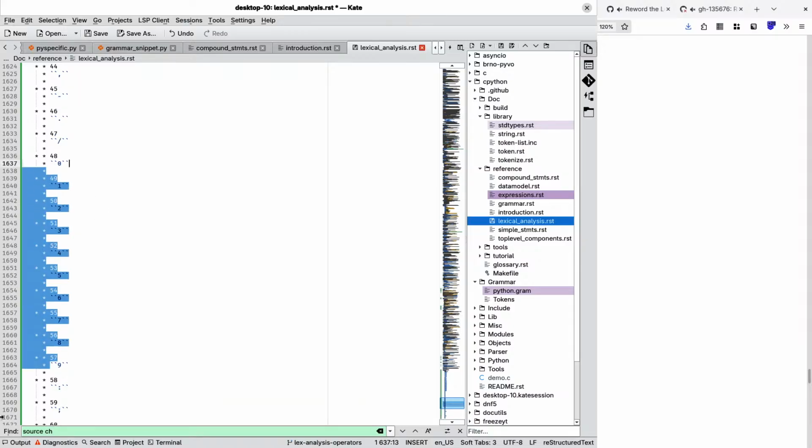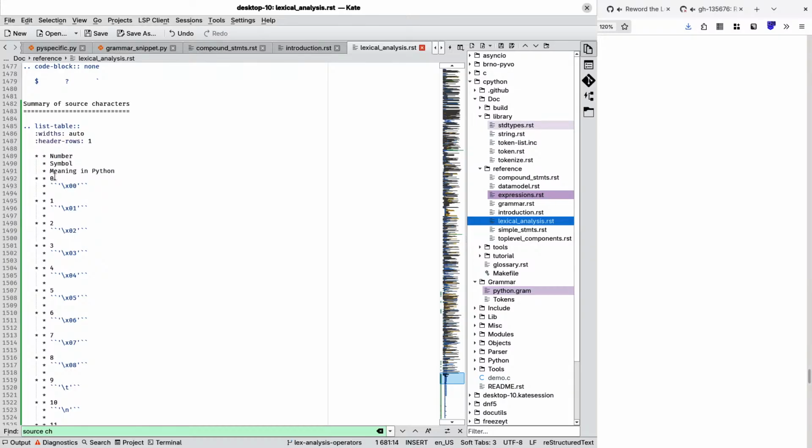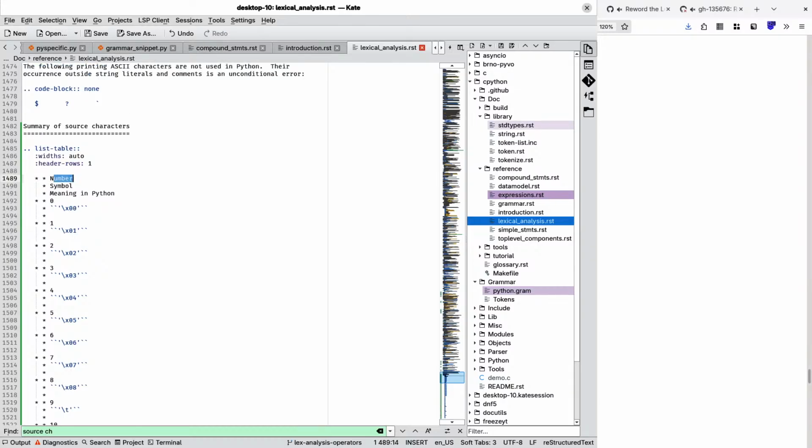It also adjusts the numbers, right? 9 is 57. 65 to 90. Make this smaller.